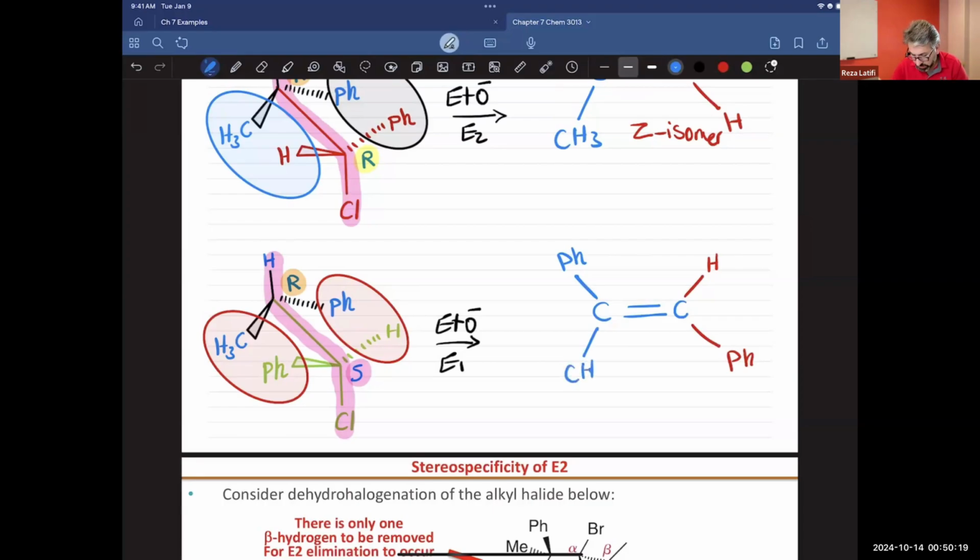Which phenyl? The phenyl that has the green color. These two will be on the same side. So this is going to be number one, and that one will be number one, and this is going to be the E isomer. Okay, so I got two configurations, Z and E.